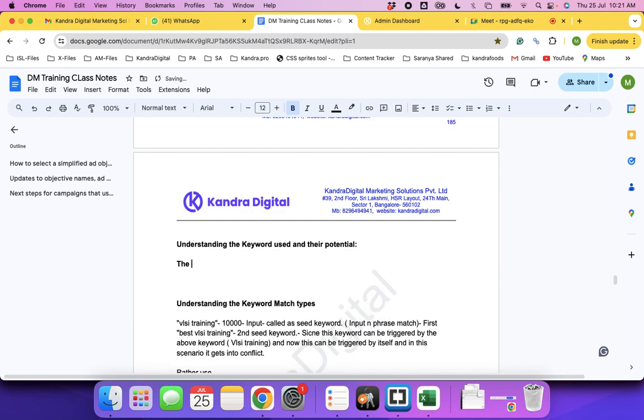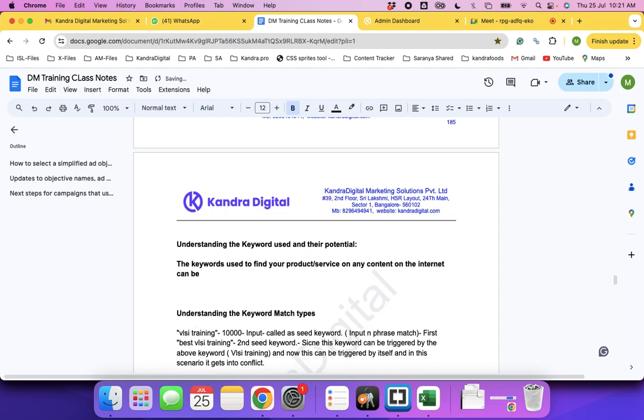The keywords used to find your product or service or any content on the internet can be broadly classified into two types.